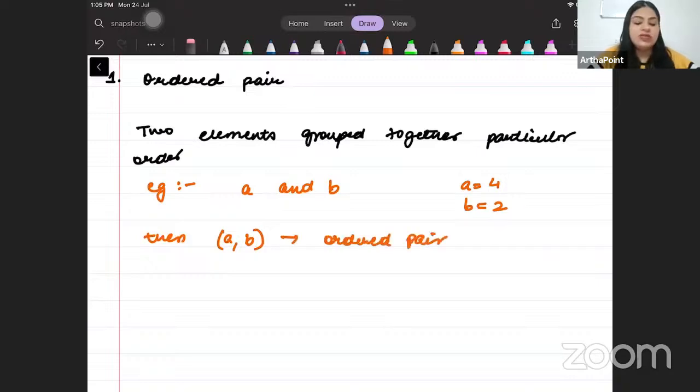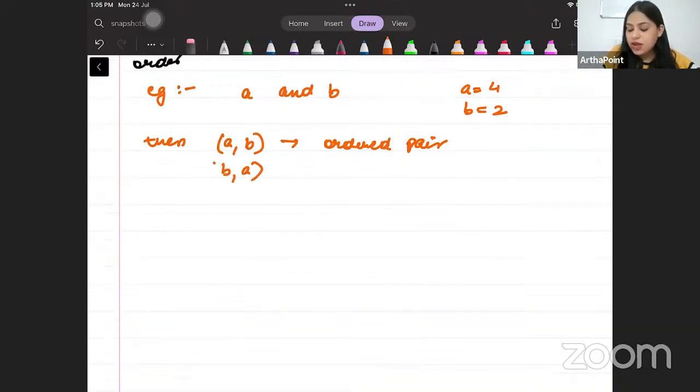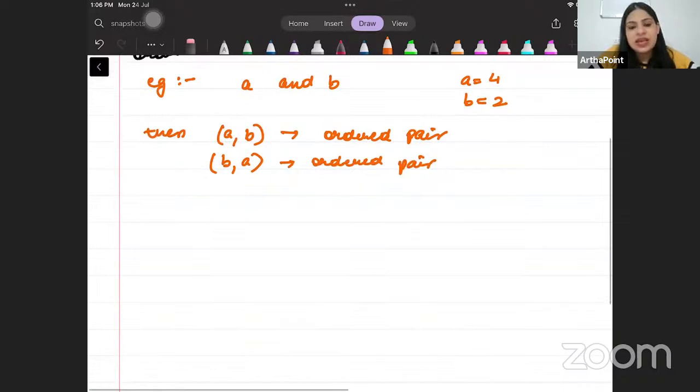A comma B represents an ordered pair. उसी तरीके से बेटा B comma A also represents an ordered pair. Okay, so if I have these two elements, then A comma B is an ordered pair, B comma A is also an ordered pair.